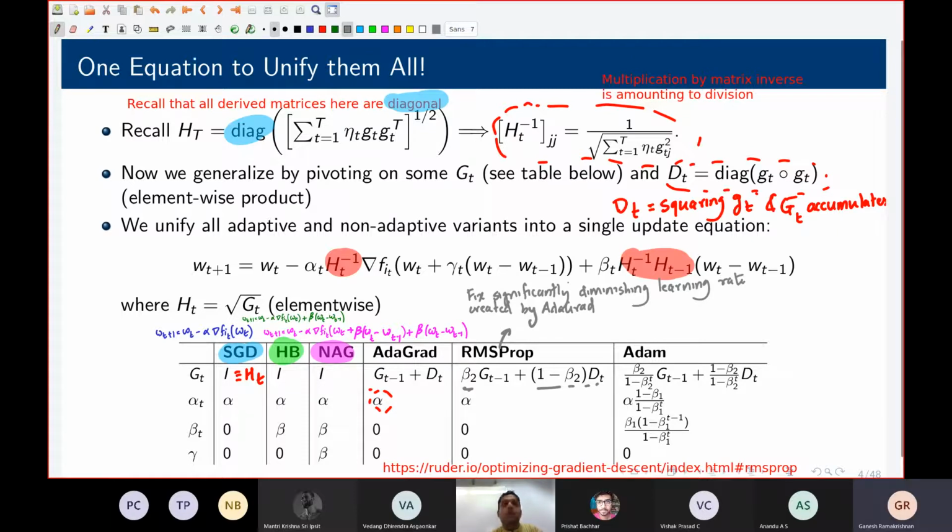What does Adam do? Adam combines the learning rate accumulating the gradient square, the curvature, along with the momentum accumulating the gradients. So Adam is of most interest to us right now. Unlike AdaGrad and RMS prop, where beta and gamma both were 0, suddenly in Adam those are non-zero.